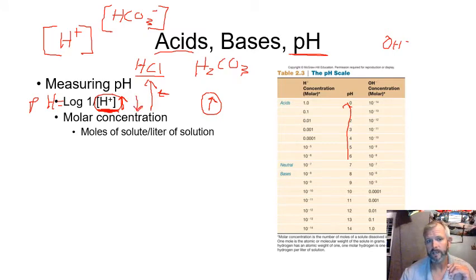So now I'm dividing by a smaller number. What happens if I do that? It will increase in value. All right, so acids decrease the pH, where bases increase the pH.